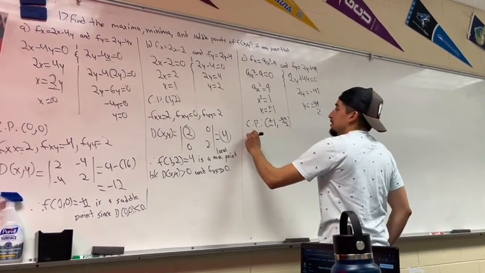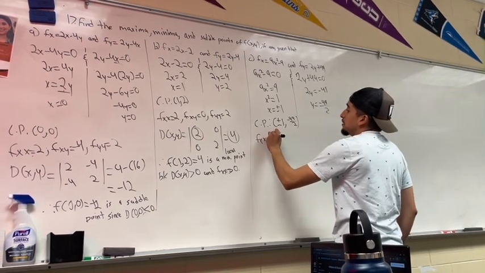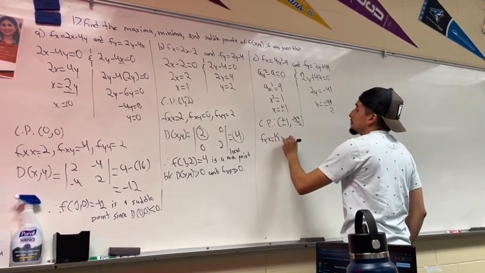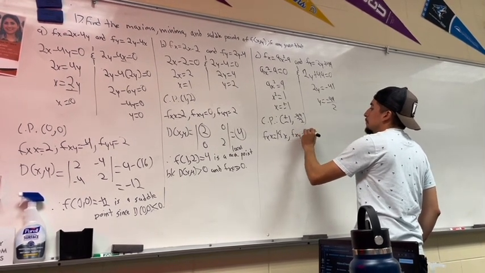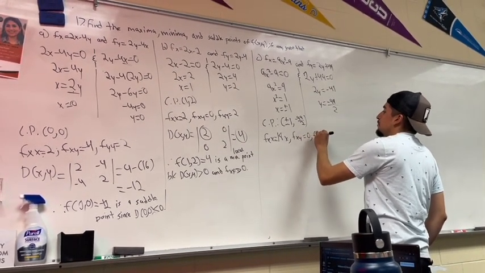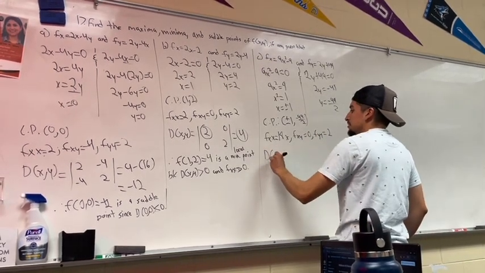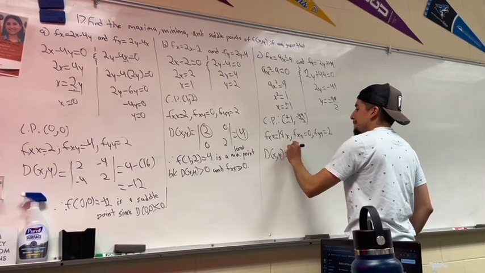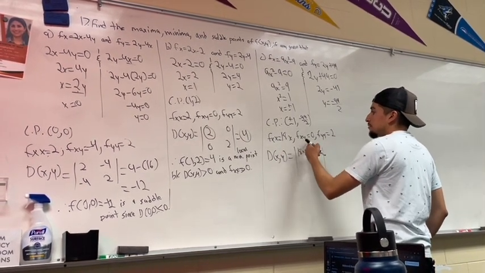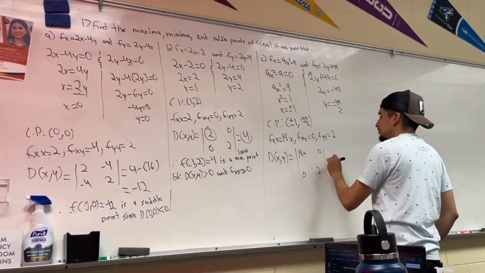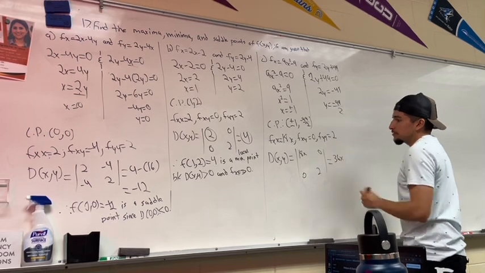Now, same thing. That would just be 18x. So xy would be 0. f sub yy would be just 2. Now we put in determinant form. Same thing. 18x, 0, 0 again, 2, which is just 36x, right?